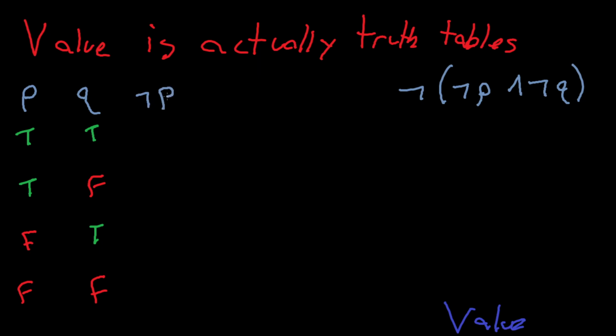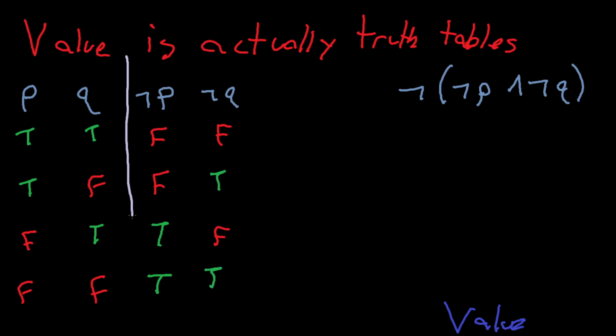So now let's do not P, and let's have not Q. Not P will have a value of true whenever P is false, and the sentence not P will have a value of false whenever P is true. And precisely the same applies to Q. I might do a little line here to demonstrate that the left is the assignments of the variables.